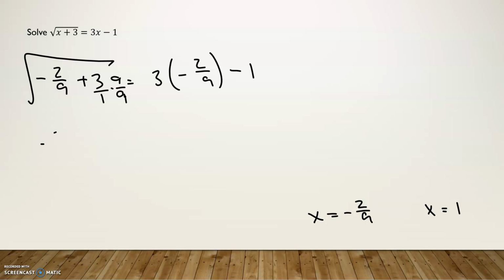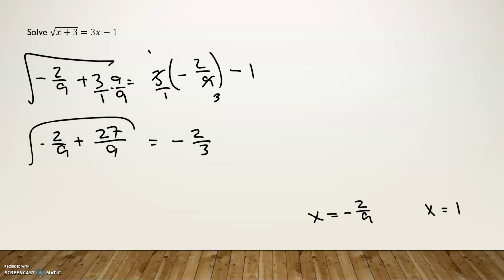So I'm going to have negative 2 over 9 plus 27 over 9, whole thing square rooted. This is over 1. If I take a 3 out here and a 3 out here, I'm left with a 3. And I left the 1 here. So it's negative 2 over 3 minus 1. So this is going to be 25 over 9. And I did that by 27 minus this 2 over 9.